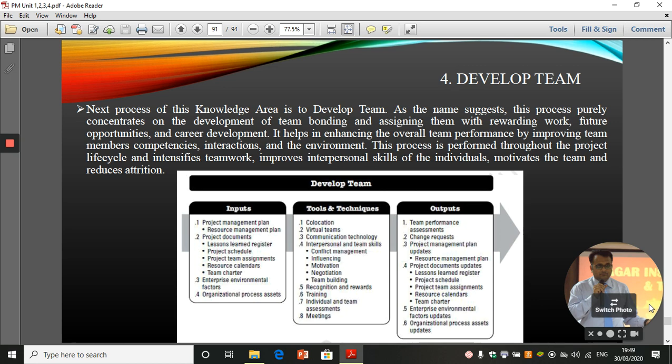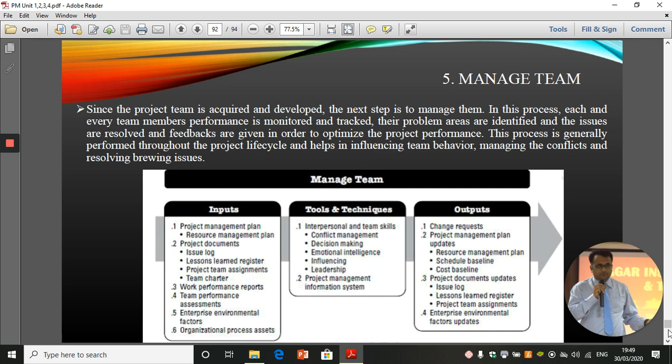And what are the tools called? Co-location, which means you're allocated to work at one place, and virtual teams, communication technology, interpersonal and team skills, recognition and awards, training, individual and team assessment, and meetings. So these are the things through which we can build a team.